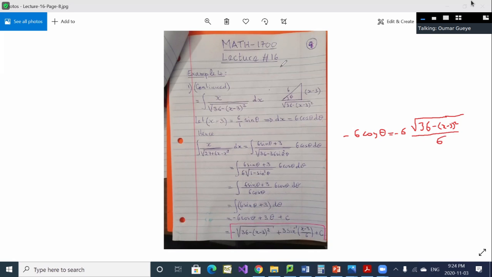And then the 6 can cancel out here. So that's why we only have minus square root of, because we simplify the 6. Sounds good? Yes. All right.